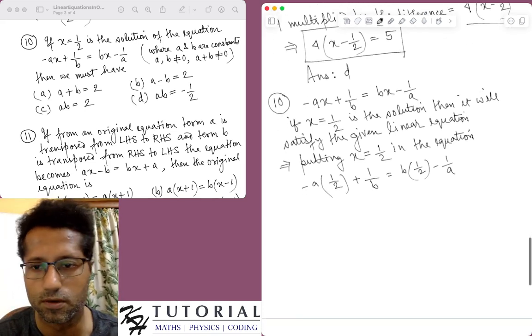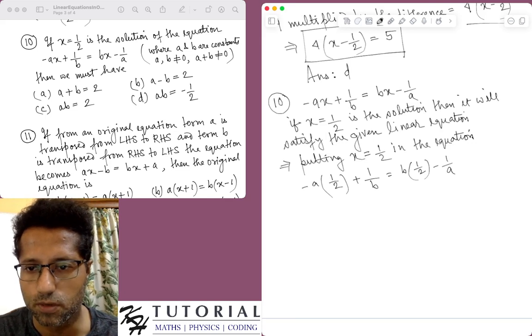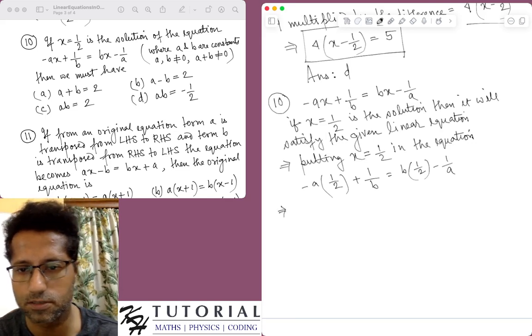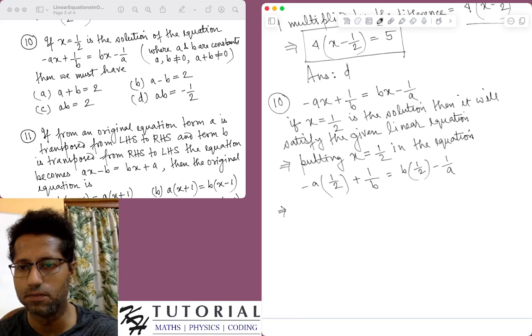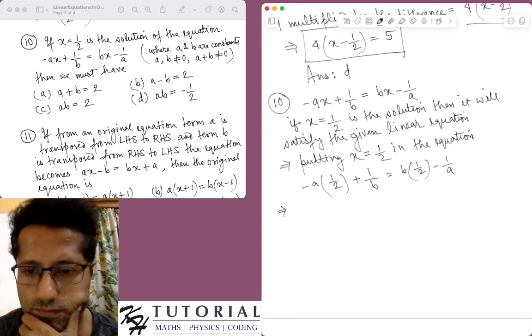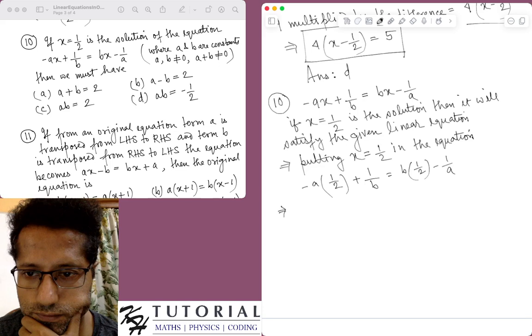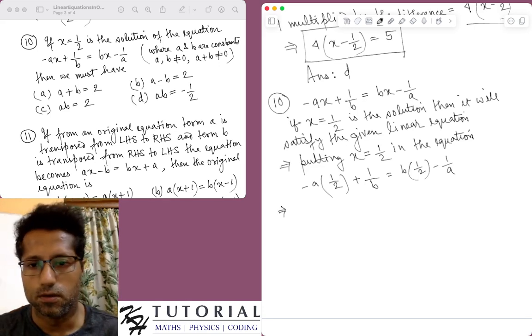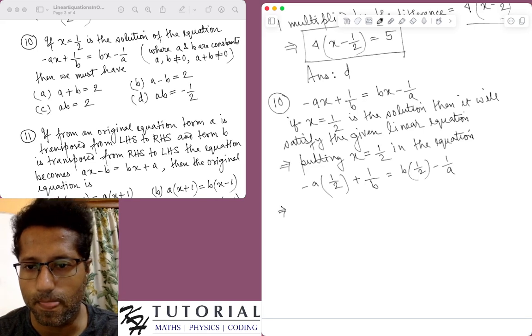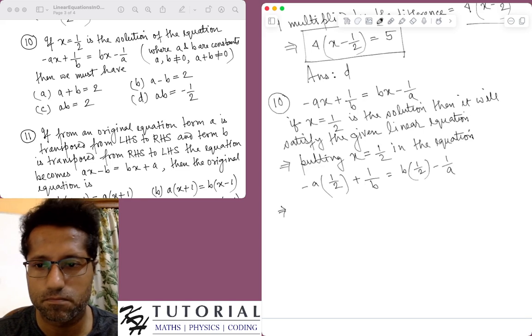Now we have to do a little bit of simplification. Let's bring the a and b terms together.